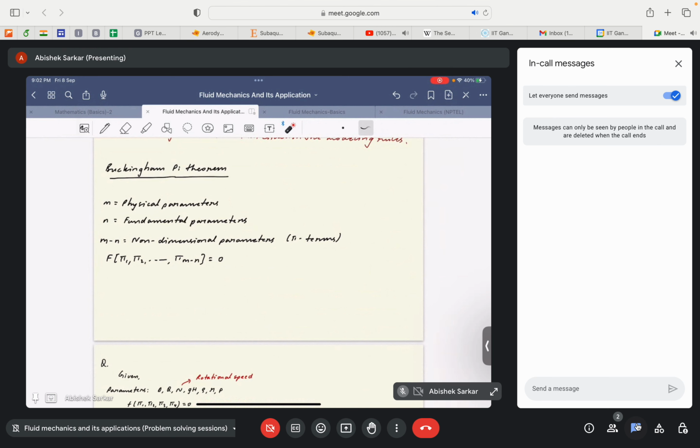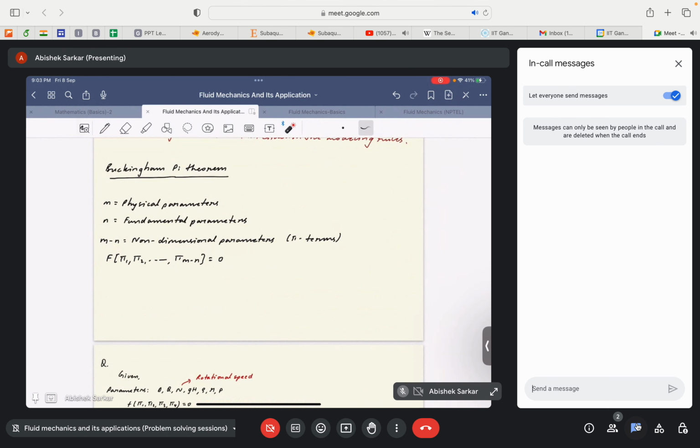Given that idea, the Buckingham pi theorem states that if there are m physical parameters in a particular fluid flow problem, and there are n fundamental parameters in that problem, then there should be m minus n non-dimensional parameters, or pi terms, that would govern the flow field.